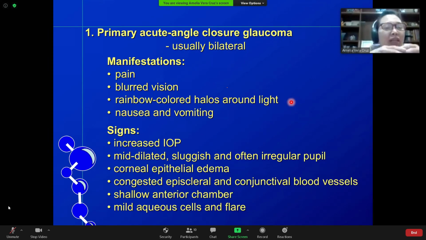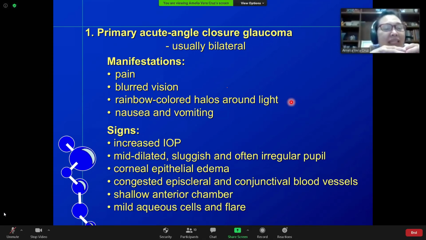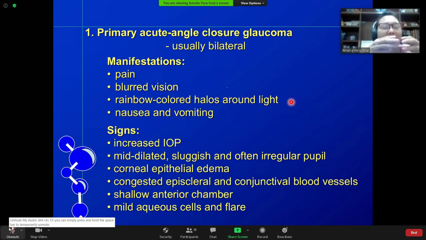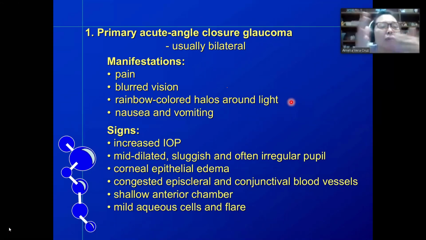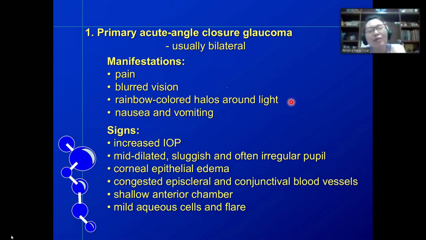So, your cornea now will act like a prism. Once the light passes through your cornea, it will disperse the light into your rainbow, the spectrum of your color. Kaya siya may rainbow. Okay na? Naintindihan na ninyo.